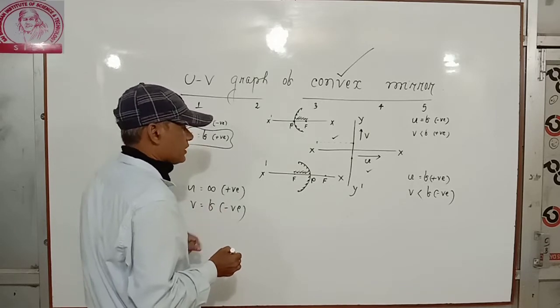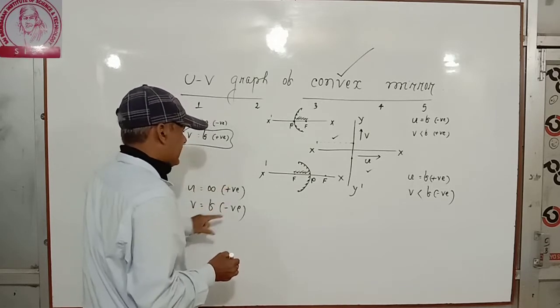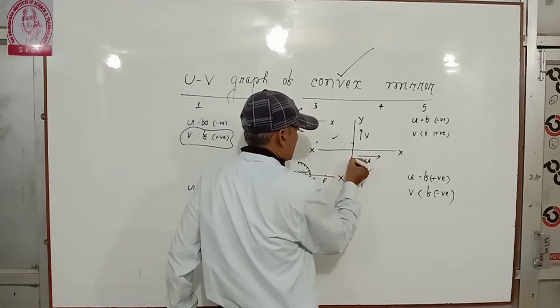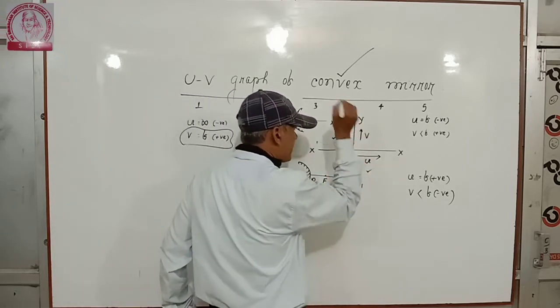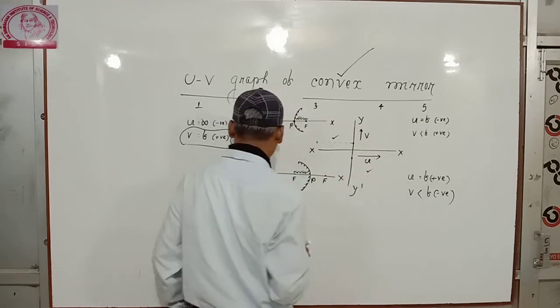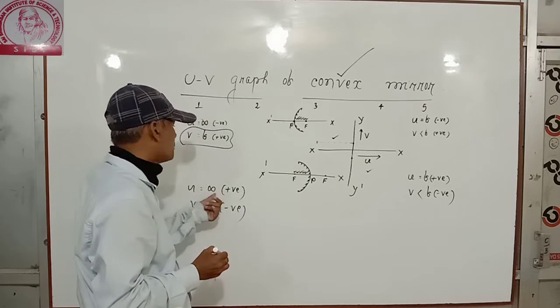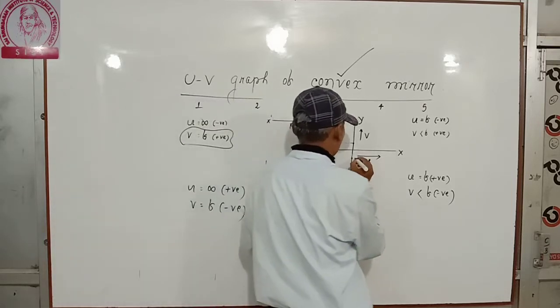The maximum value of V is F, and it is taken as negative. So take the point on the negative y-axis because y represents V. So V is negative at the time U is infinity. Okay.